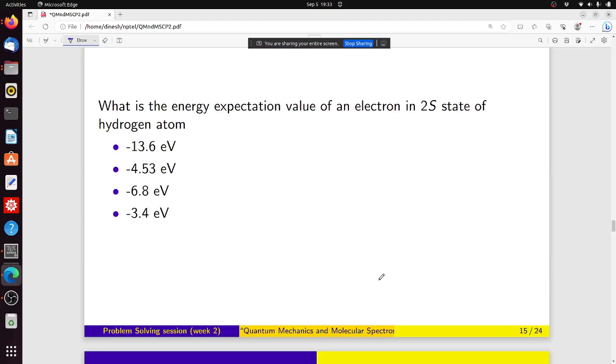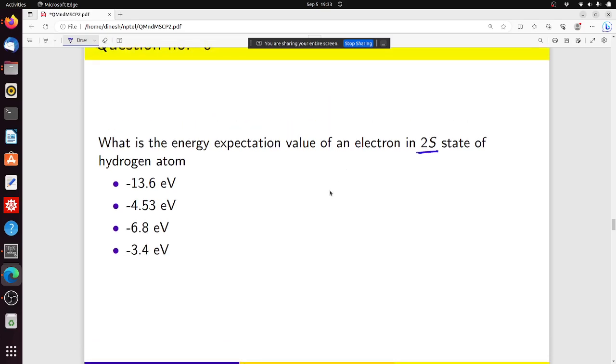What is the energy expectation value of an electron in the 2s state of a hydrogen atom? It's pretty easy. If you have done quantum mechanics first, you will be able to solve it pretty easily. So do you want to try?